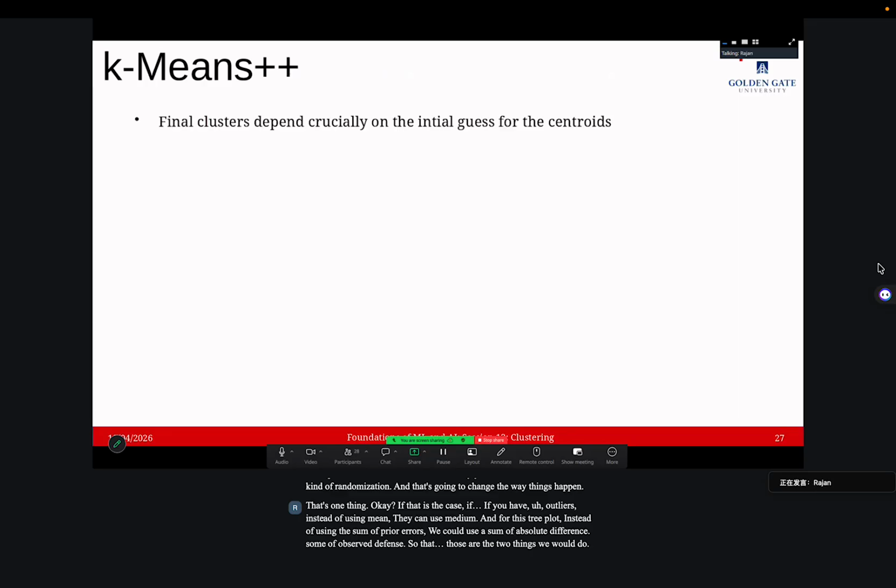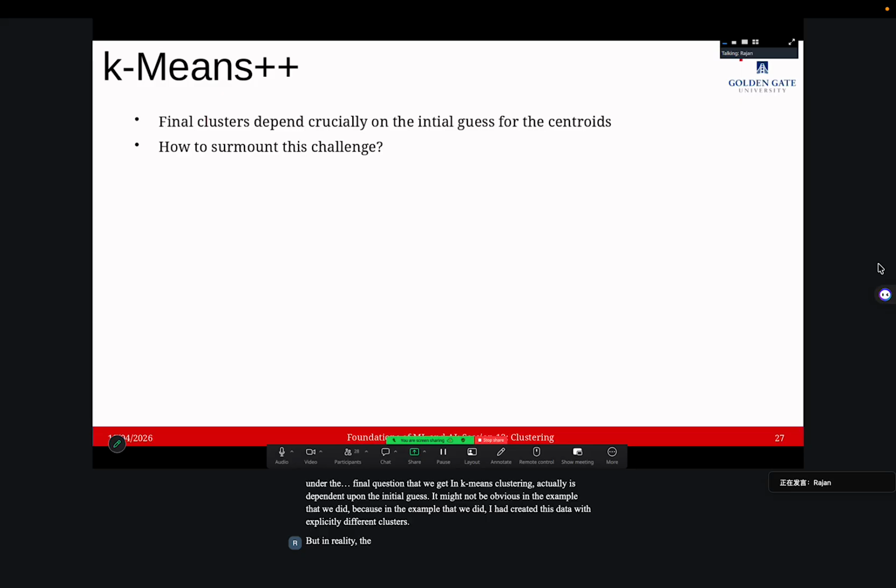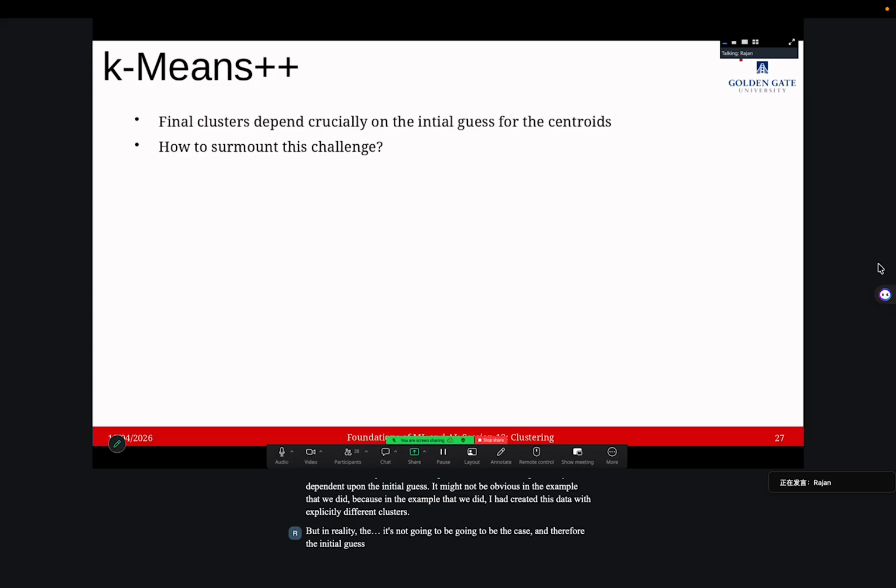And the final cluster that we get in K-means clustering actually is dependent upon the initial guess. It might not be obvious in the example that we did, because in the example that we did, I had created this data with explicitly different clusters. But in reality, it's not going to be the case, and therefore the initial guess of the centroids is going to affect what we finally end up with.